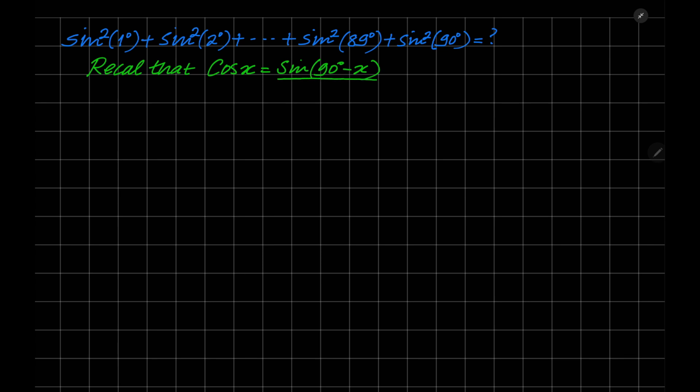This is equal to sine 90 degree cosine x minus cosine 90 times sine x. This part is completely 0. Sine 90 degrees is 1, so this is equal to cosine x.